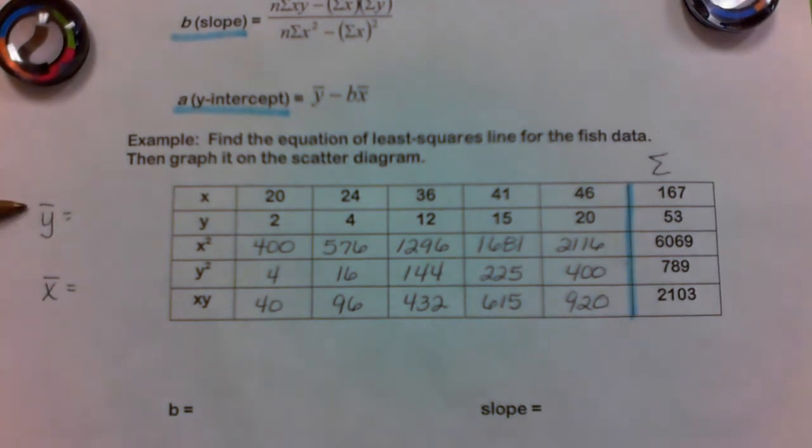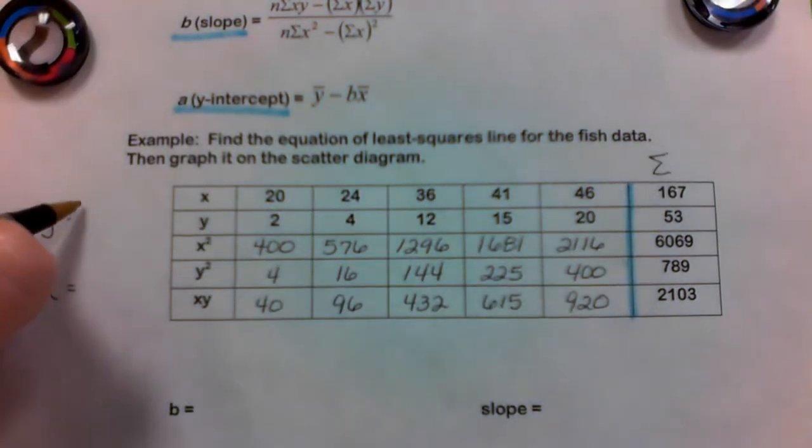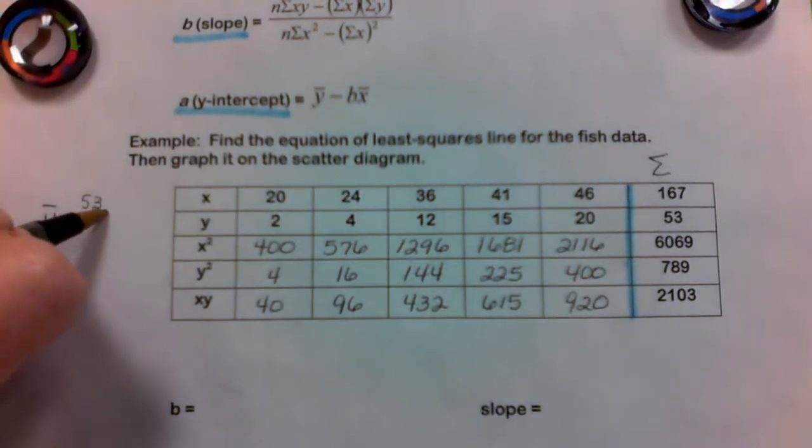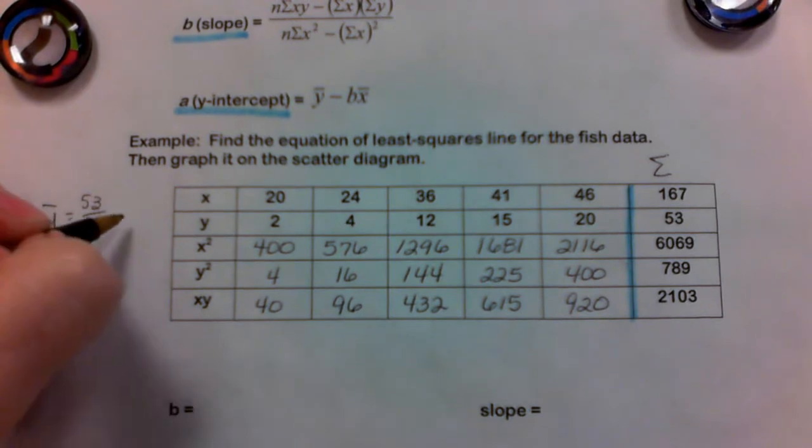Over here to the left, I have y bar and x bar. So we're going to go ahead and calculate those. To calculate y bar, it's the summation of y, which was 53, divided by however many there are, which is 5 in this case. So 53 divided by 5 is 10.6.